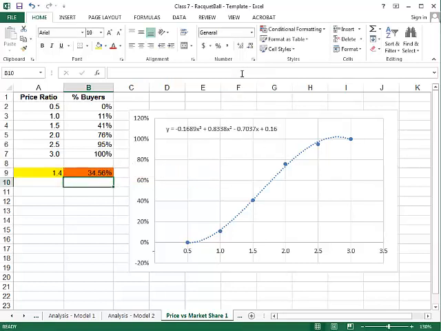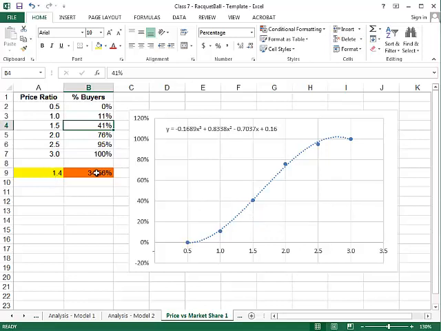Now I push enter. It gives me a reasonable approximation. For 1.4 price ratio, I get 34.56%. That's between 11 and 41. It's closer to 41, so it's somewhere here. It looks like a reasonable approximation.